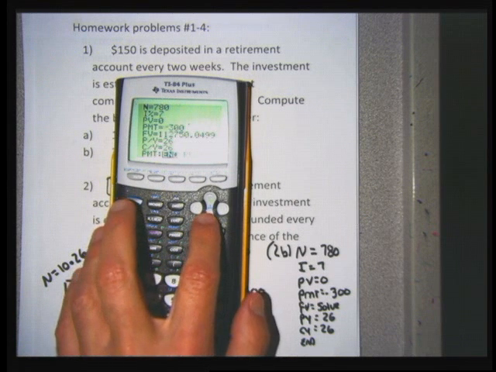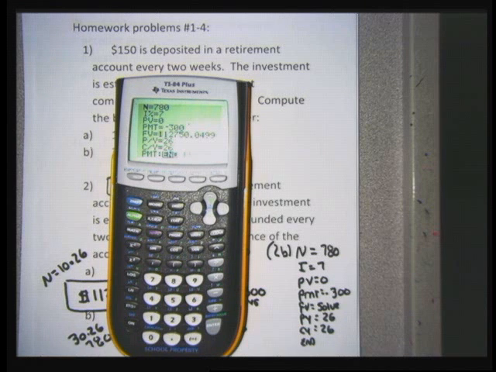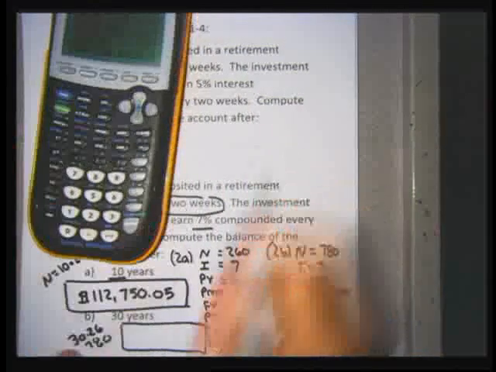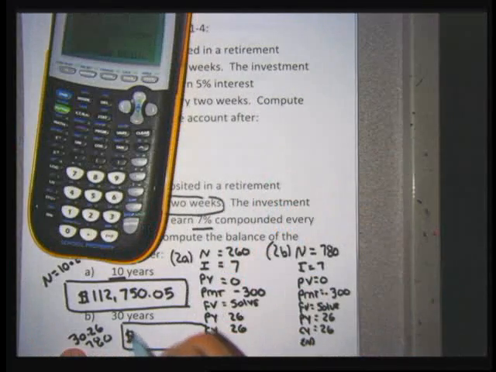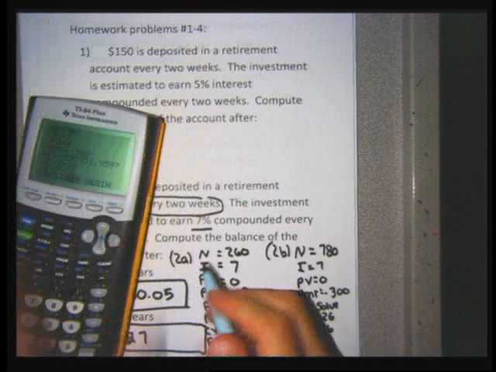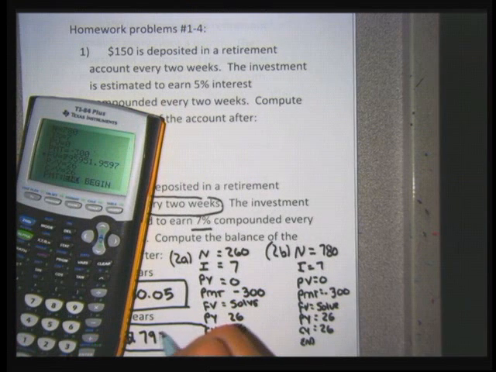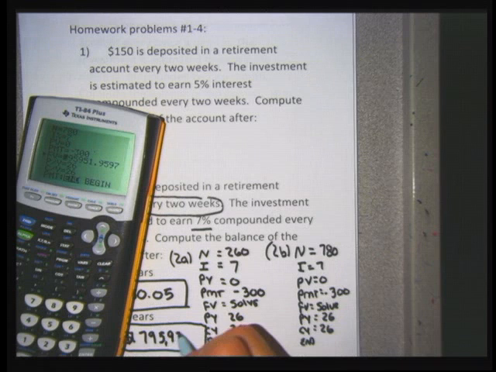Move down to the future value, and then hit alpha and enter, and then all of a sudden you get almost $800,000. That's $795,951, and I'm going to round that to 96 cents. So let me keep this handy: $795,951.96.